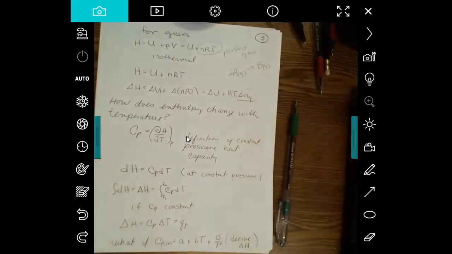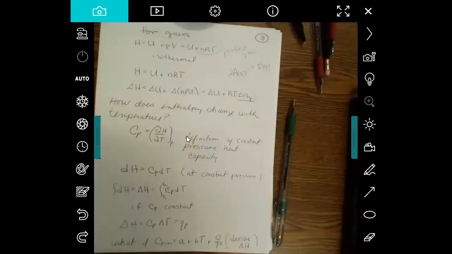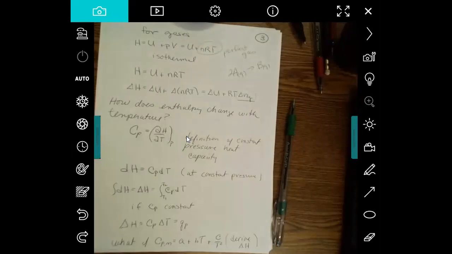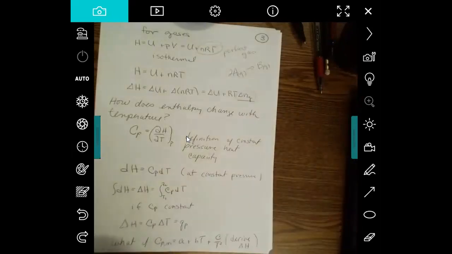So it just really depends on the stoichiometry or whatever process it is. If it's just a physical change, like if it's a vaporization, or a sublimation, or anything that's taking you from solid liquid to gas or backwards.